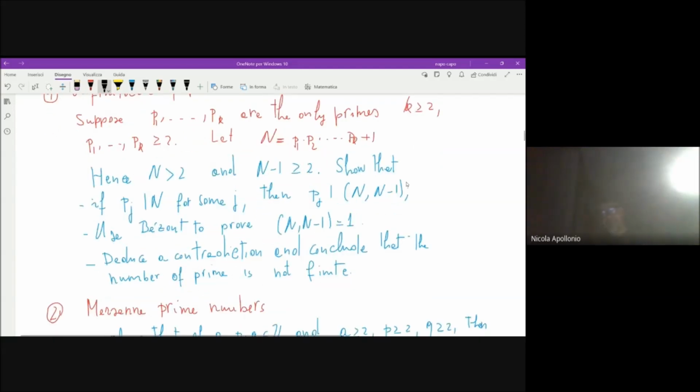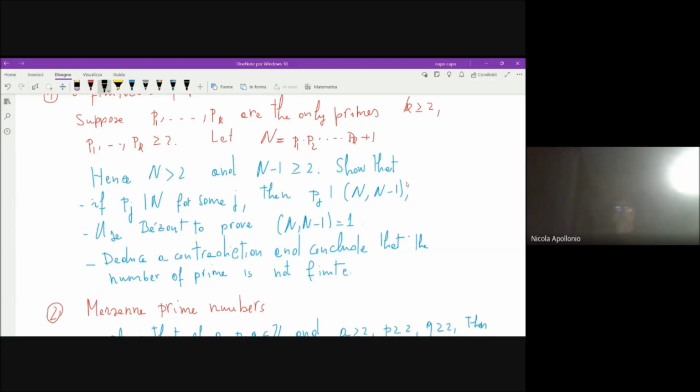Now, this is tricky, because I saw that there are places where already at this point a contradiction is claimed. However, it's not true. This is not the right way. You have just a number which is at least 3. So N minus 1 is at least 2. This is what you can conclude from this expression so far.